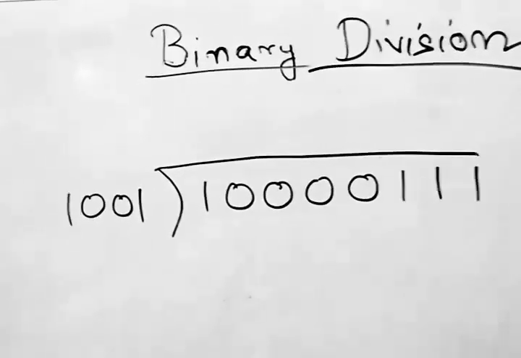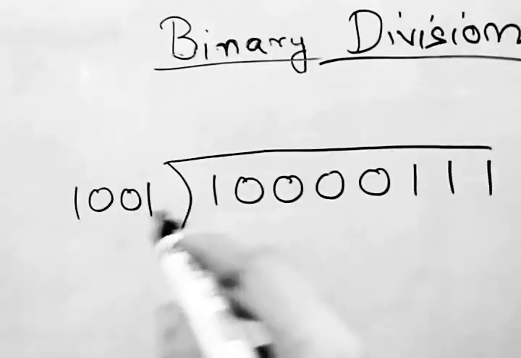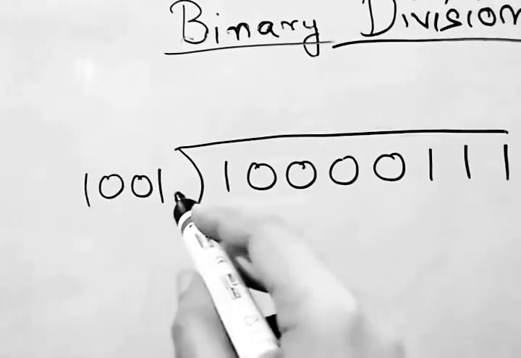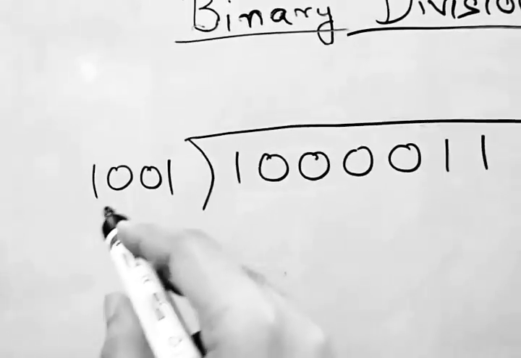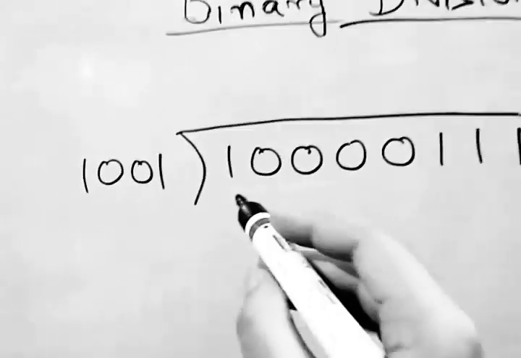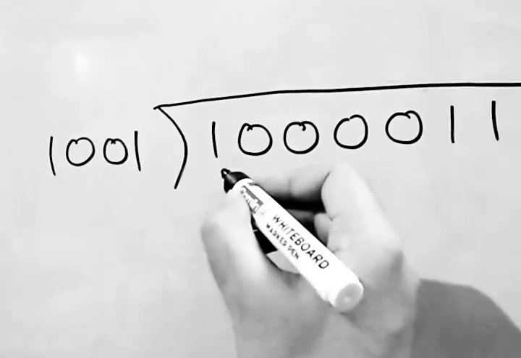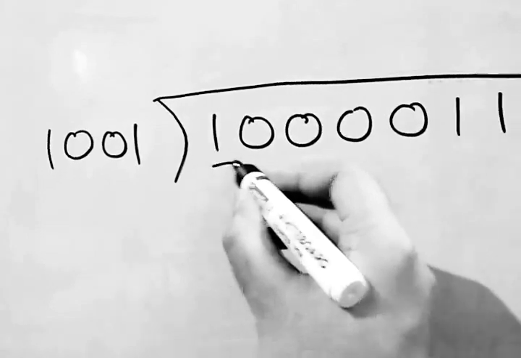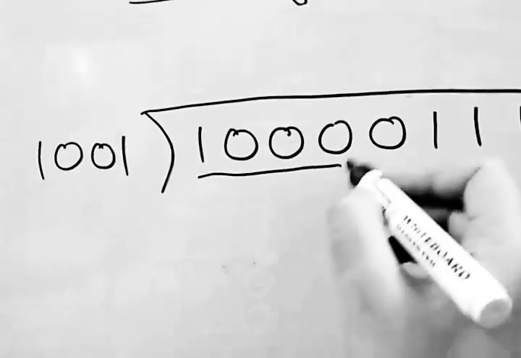Binary division. Another example. You have to divide this number by this number. This divisor has 4 digits. So at first we'll consider 4 digits from the dividend.